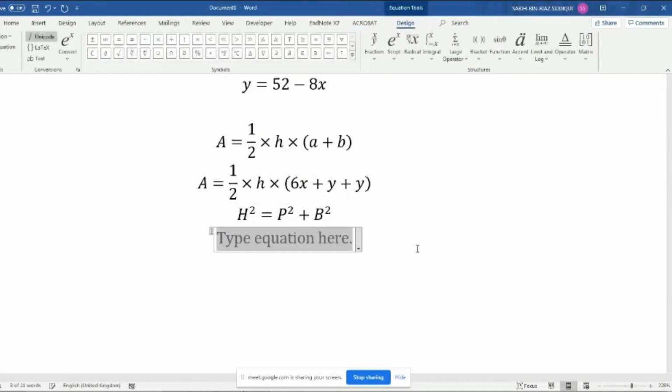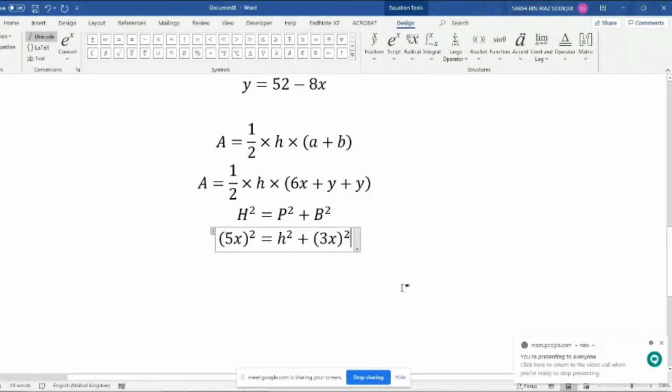What is the hypotenuse over here? 5x. The square of 5x is equal to perpendicular, which is your height, and what's your base? Yes, class, hurry up. Remember, when you're squaring this, this will be 25x square. This will be h square plus 9x square.